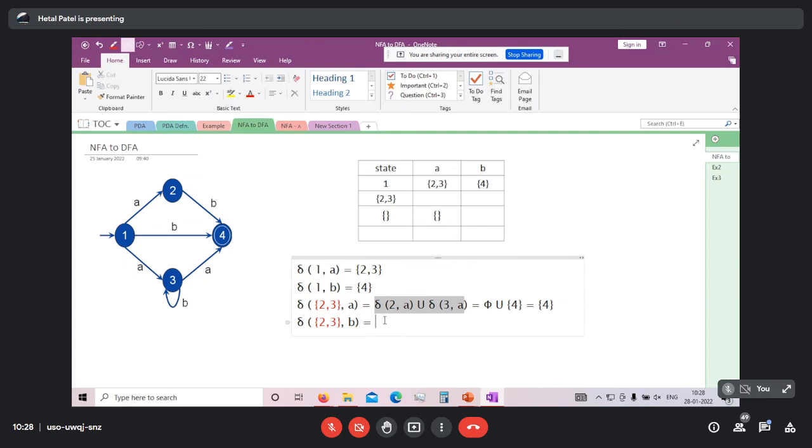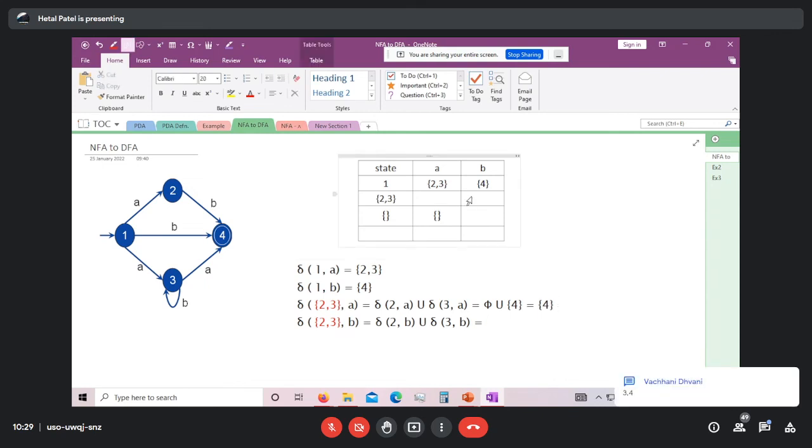You have to do this with me in parallel in your notebook, right? So you can have the idea. So here it is a B transition, this is a B transition, and give me the union of these two. What is B? Just give me the answer. This is a new table we are constructing here.